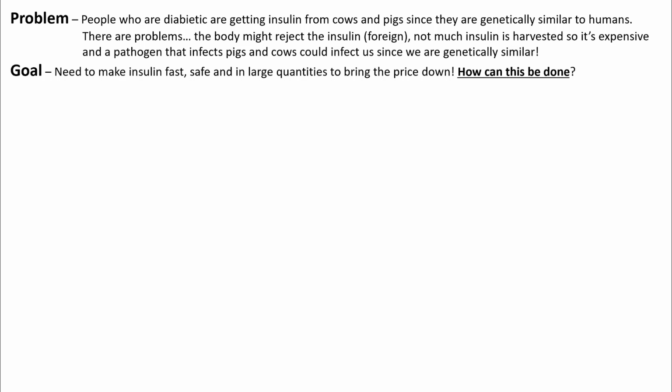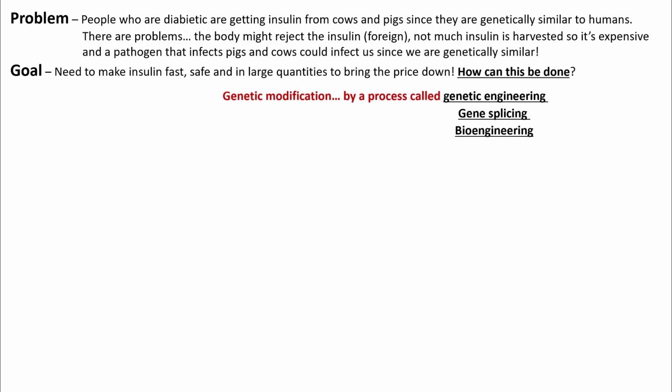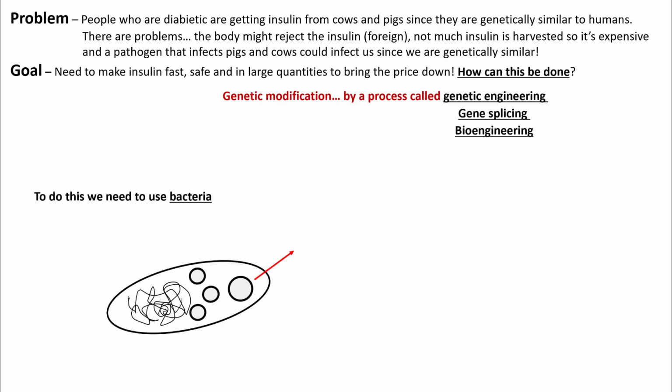Well, in order to start or understand this process, you really got to understand this thing called bacteria. And bacteria, if you look inside, is a circle. There's a bunch of circles and a squiggly line mess.